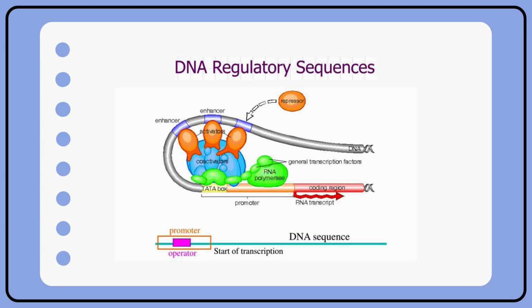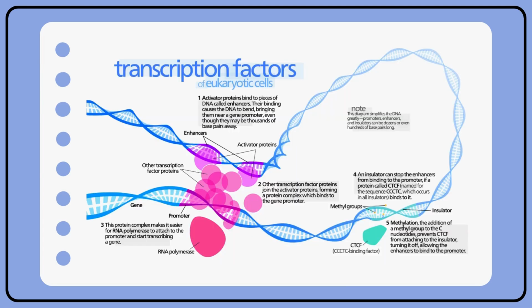These regions can act like molecular switches, and some proteins called transcription factors can bind to these sections and determine whether the gene should be transcribed or not. Each transcription factor, which is basically a protein, has two main parts.